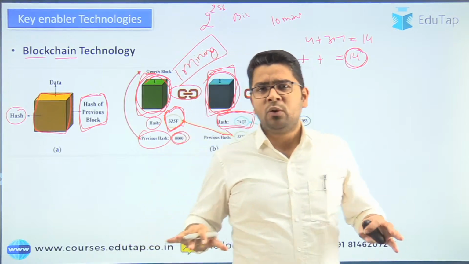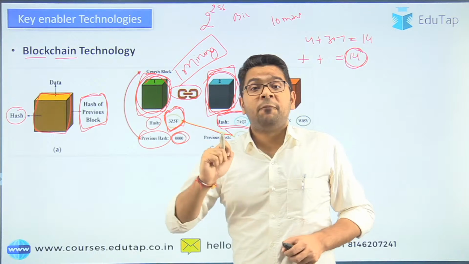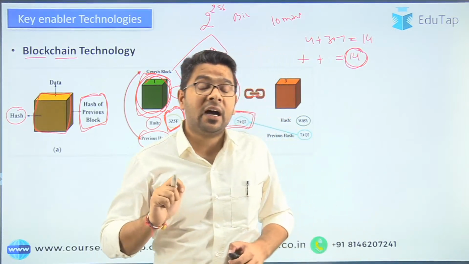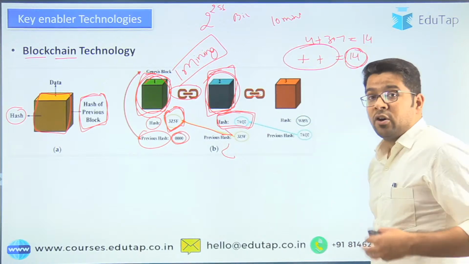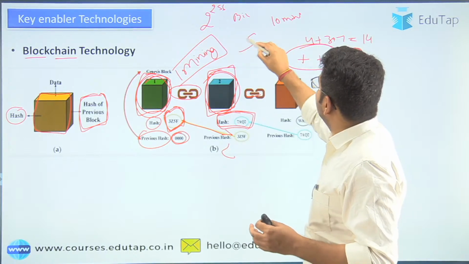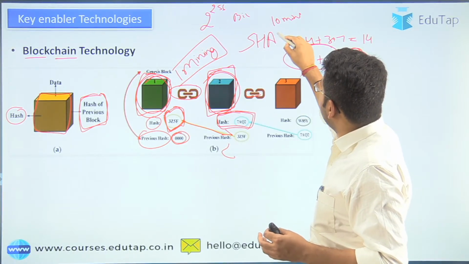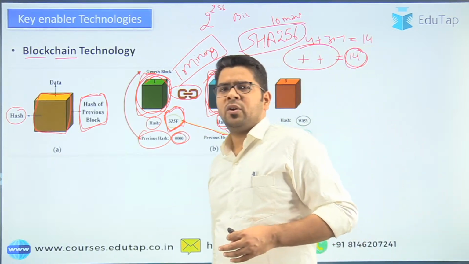We do not have to go into that much detail, and I already told you that it will require a very high graphic and very high processing computer to solve this algorithm problem. And there is a proper software, which is SHA-256. Okay, so you do not need to go into that much detail.